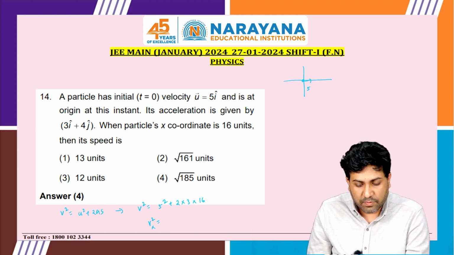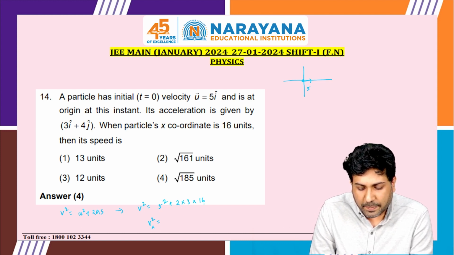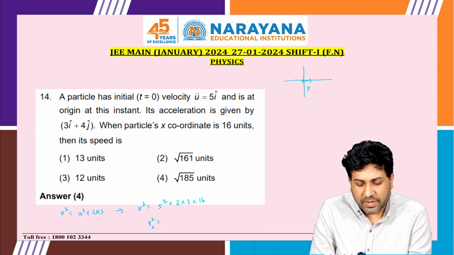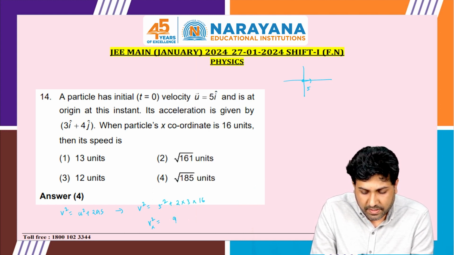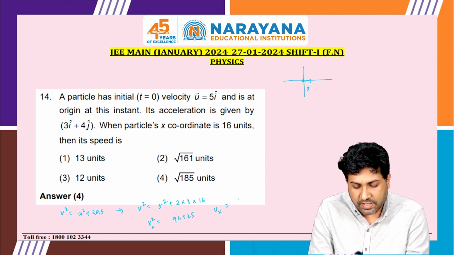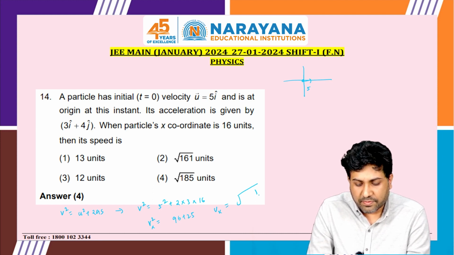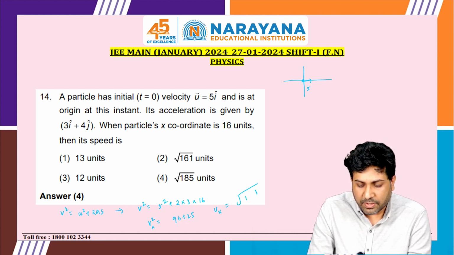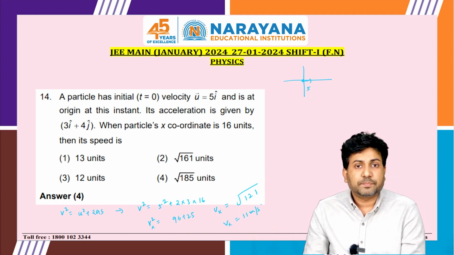So in the x direction, what will be the speed? 16 multiplied by 6 is 96, plus 25. So I will get Vx is equal to root over 121. So Vx is equal to 11 meter per second.